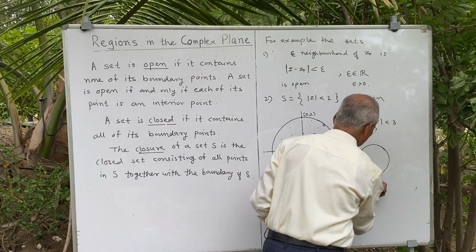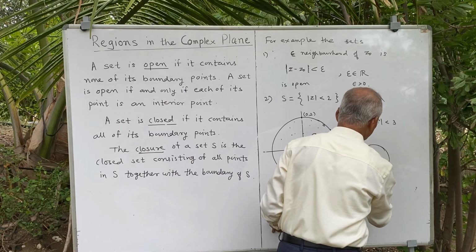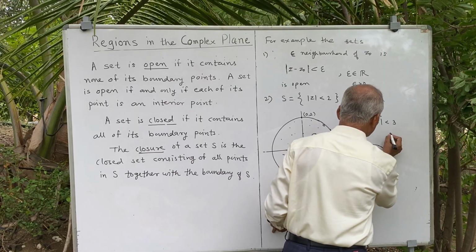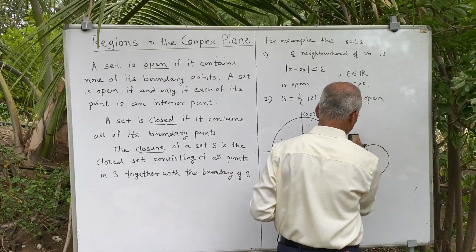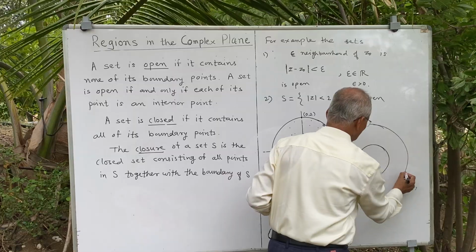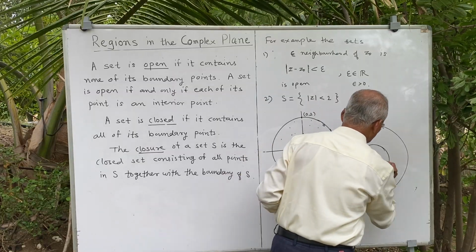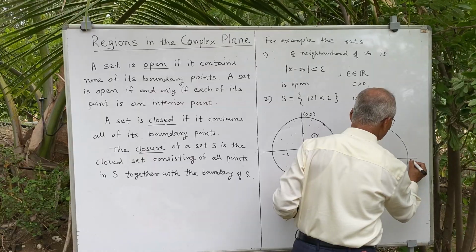Suppose this distance from the origin is 1, and this distance is 3.